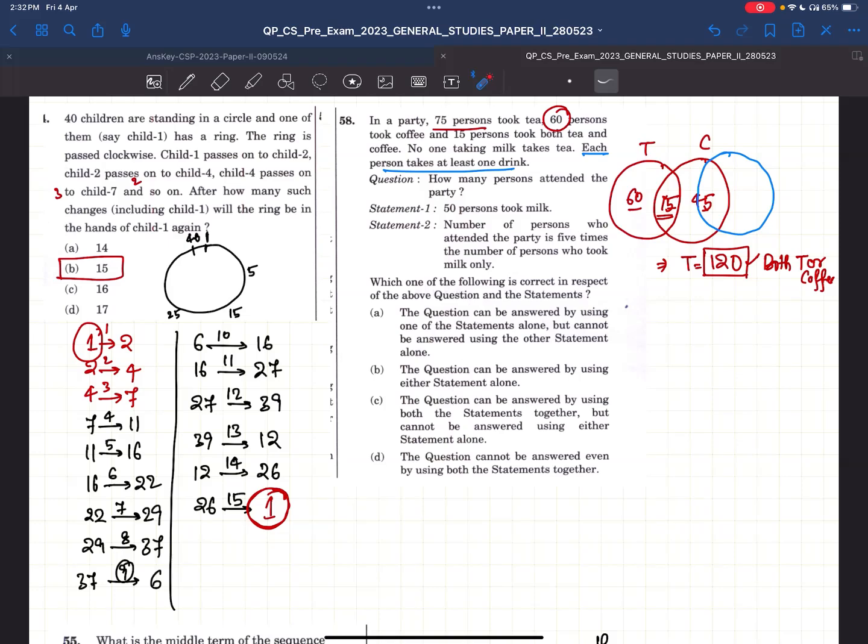Now see, from statement number 2, the number of persons who attended the party is 5 times the number of persons who took milk only. See, this shaded portion is the value of milk only. Let's take this value as x. Only milk value.